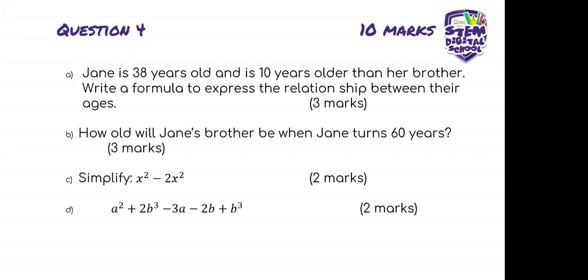So 3b cubed. And then the others do not have any like terms. A squared remains as it is. 3a or negative 3a rather, that also remains. Negative 2b also remains.